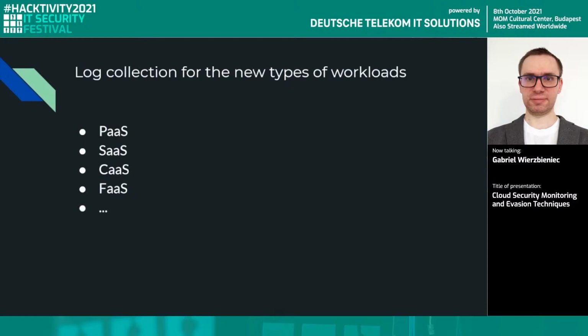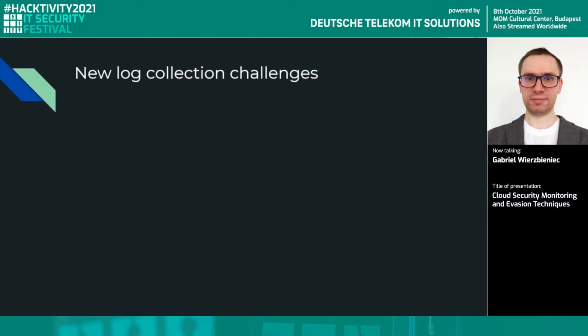Well, there's quite a lot of these services, and there are even more challenges. Let's see on the next slide. The dynamic nature of the cloud is really making things a little bit harder for most of us.